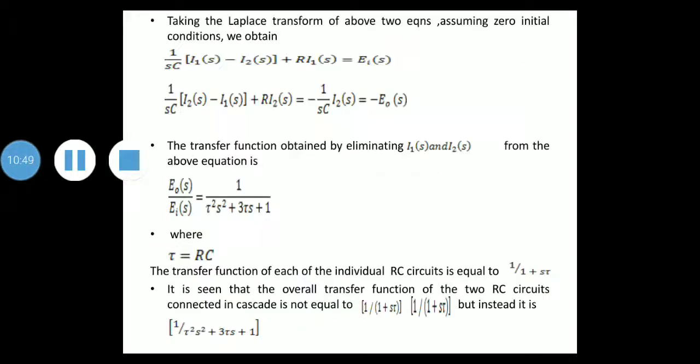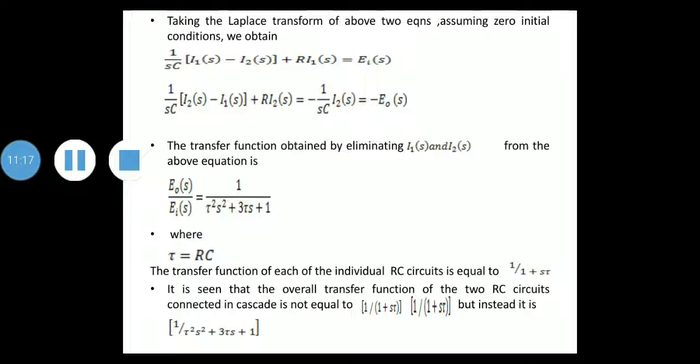Taking the Laplace transform of the above equations, assuming zero initial conditions, we obtain 1 by SC (I1(s) minus I2(s)) plus R I1(s) is equal to Ei(s), and 1 by SC (I2(s) minus I1(s)) plus R I2(s) is equal to minus 1 by SC I2(s), which is equal to minus E0(s).